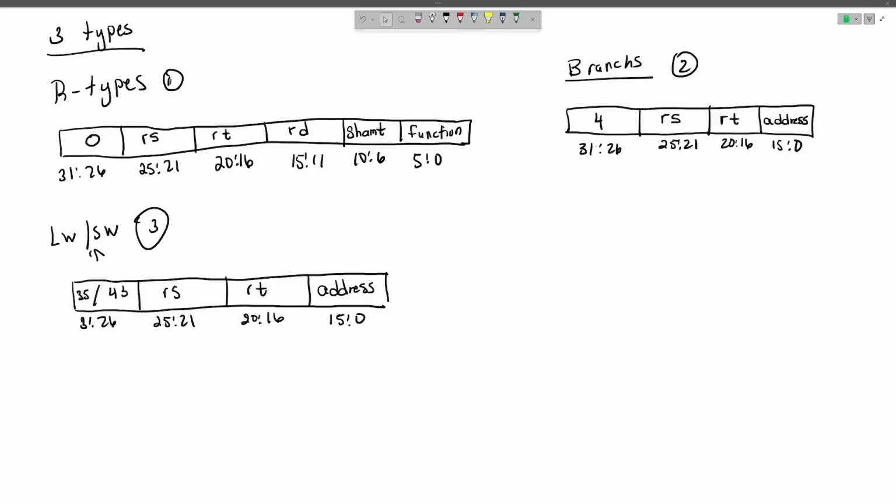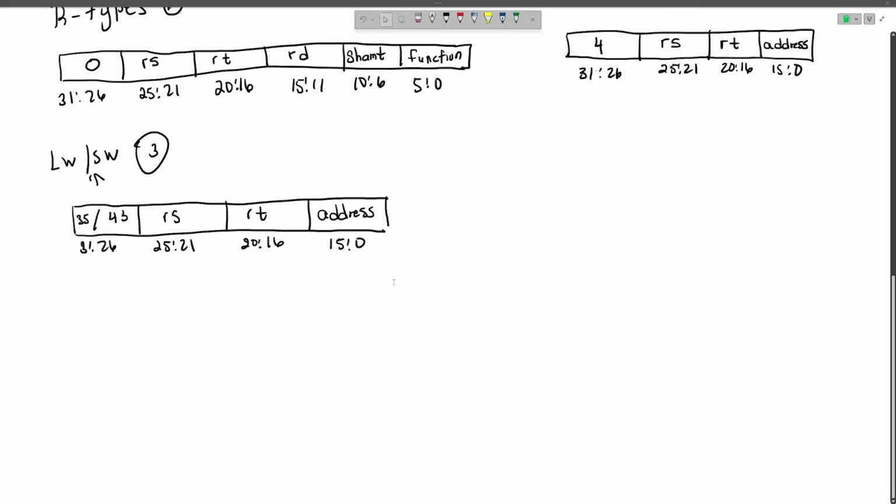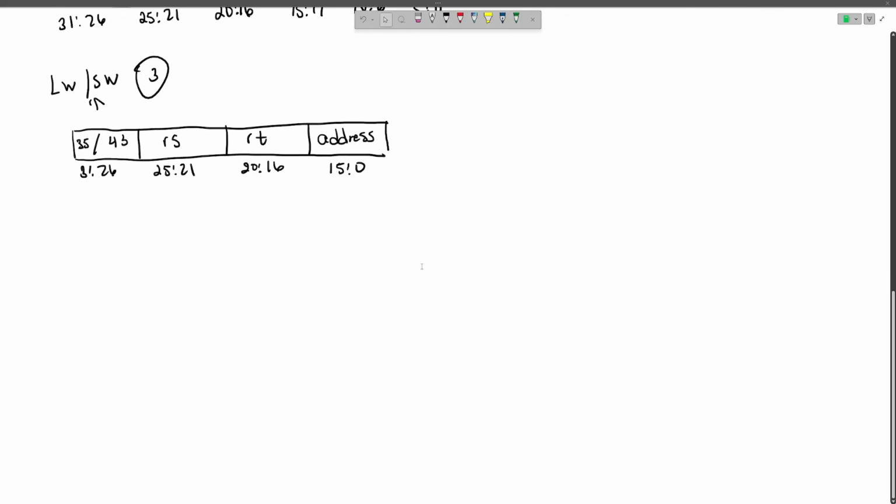Okay. So once we talk about this, we have to talk about the requirements of our CPU. So we can start with our opcodes.